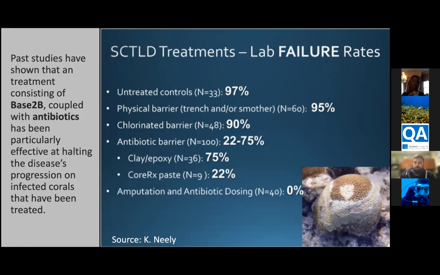That also was not too great. The chlorinated barrier didn't work either. But what we did see was that using the antibiotics with the Base 2B yielded quite positive results. So this was then agreed by a few places, like Florida, that we should be using antibiotics at the moment to treat infected corals.